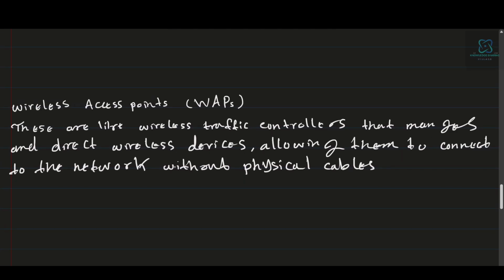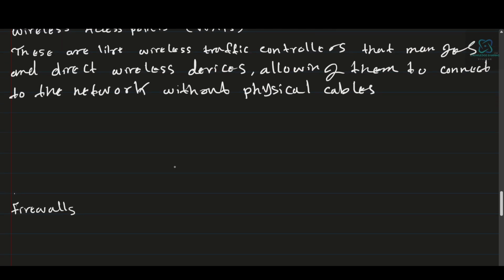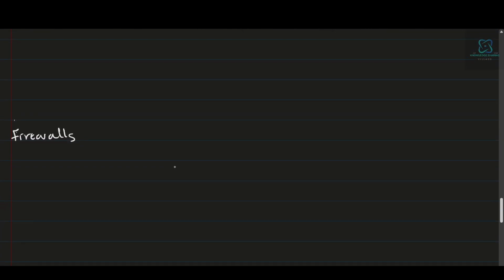Then the next intermediate device was firewalls, and you may ask how we can integrate the firewalls into our city analogy.